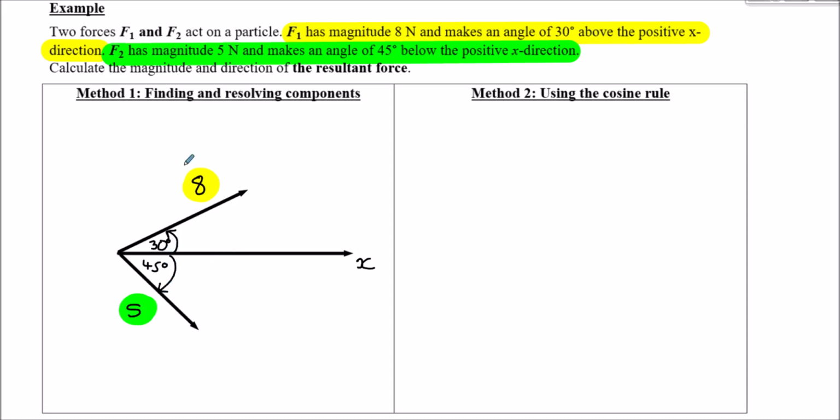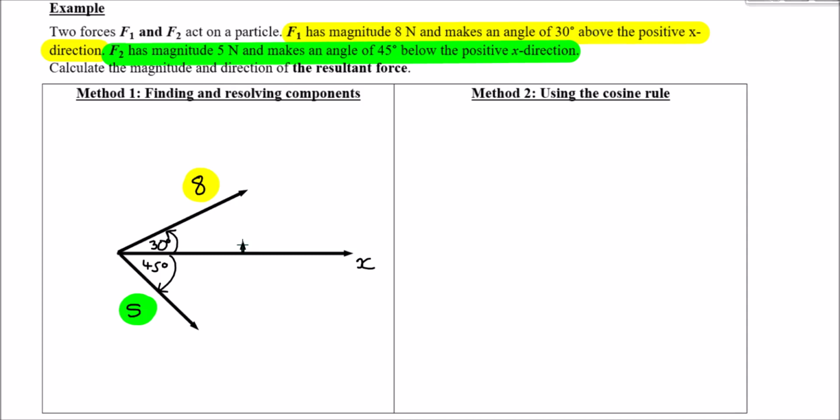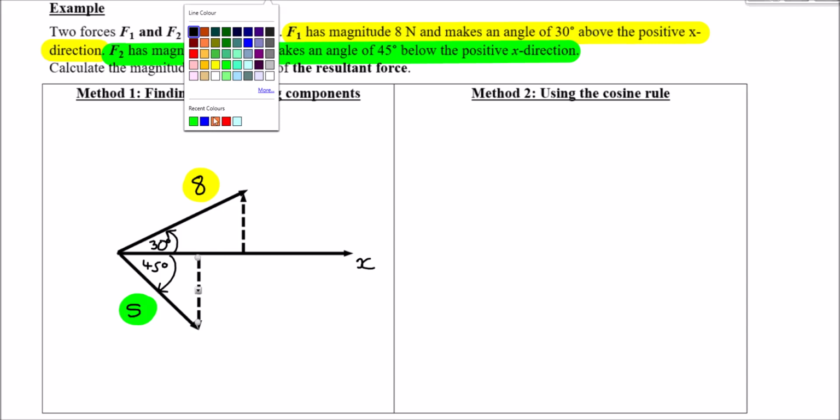So what we could do here is just simply resolve these components. So if we think about resolving opposite to these angles, remember opposite is always going to be sine. There we go. I'll put these into red.